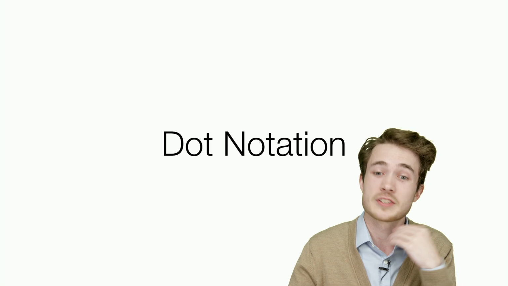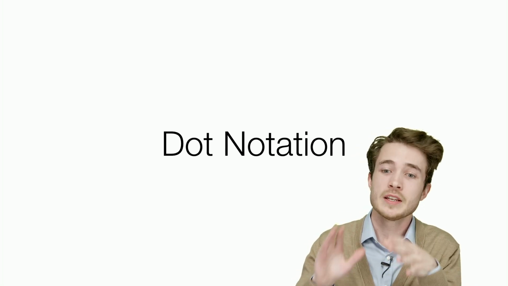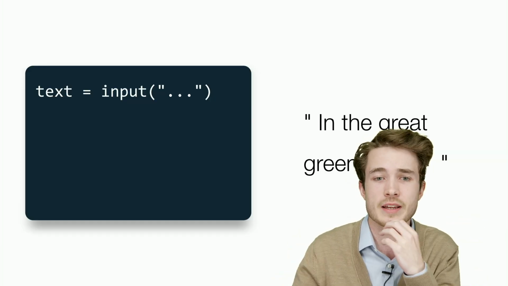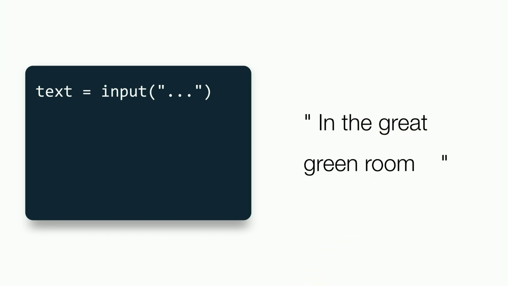So here we have this dot notation that we can introduce. Let's say we're trying to give this string to our program. Well, we could have some code a bit like this, like we saw before. We could say that text equals input, and maybe our text looks like this on the right-hand side. Maybe pause the video or ask yourself, what looks a little odd about this text on the right? What is a little messy about it?